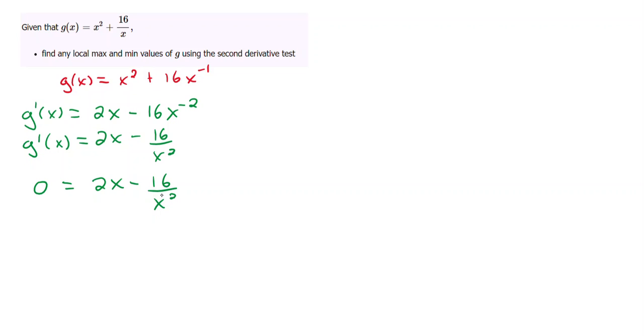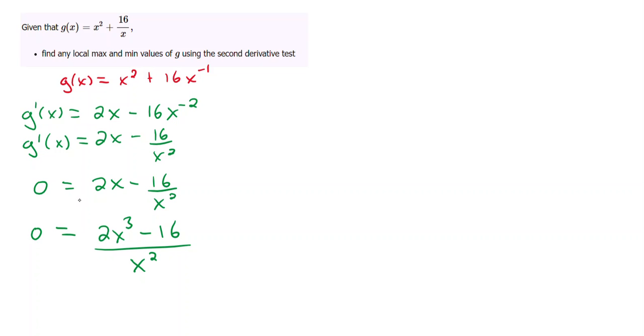So what we want to do is make this all over a common denominator, so we can just look at the numerator to see what will make it equal to 0. So we rewrite this as 0 is equal to, and then multiply the left term here by x squared, top and bottom. So we get 2x cubed minus 16 all over x squared.